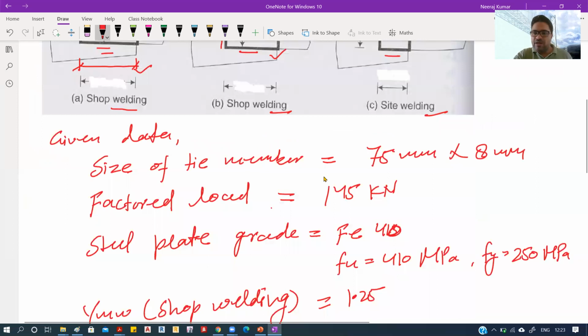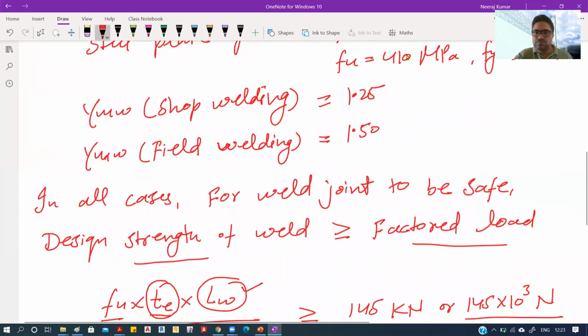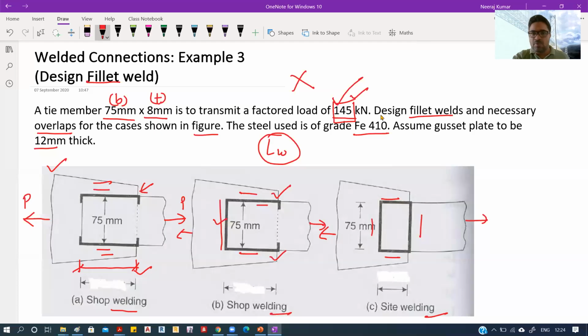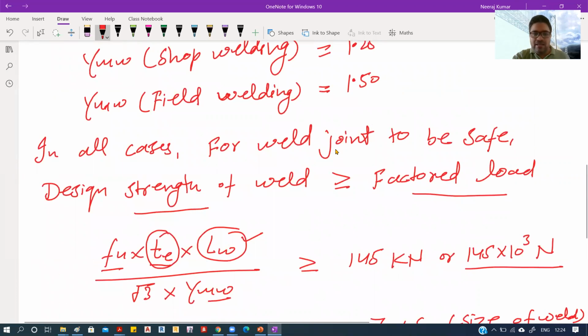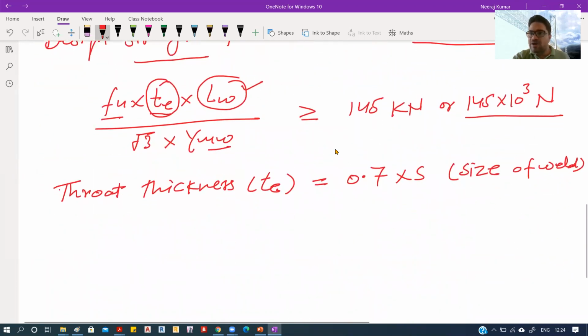First we need to find out the size of weld. I mean, we need to estimate the size of weld, and in estimation we generally find out the maximum value of size of weld and the minimum value of size of weld, and we generally assume the value of size of weld in between the minimum and maximum value.